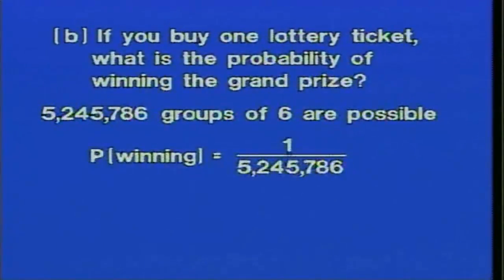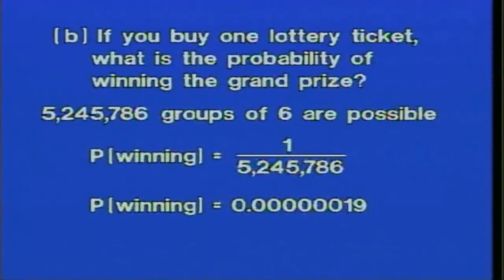And we've got only one ticket, so the probability of winning is 1 over that 5,245,786, which turns out to be this very long decimal. Notice how close this decimal number is to 0. 0 would imply that you cannot win. This number is extremely close to 0.